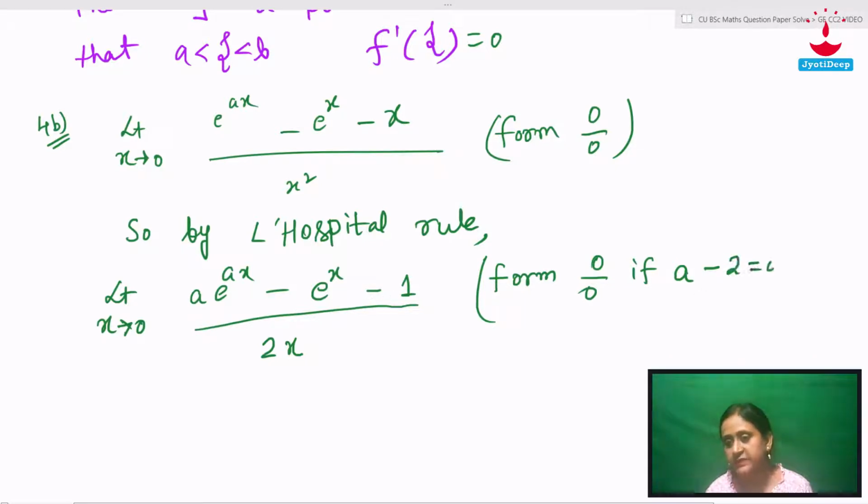If a minus 2 is equal to 0, then it will be a form 0 by 0. This implies a is equal to 2.